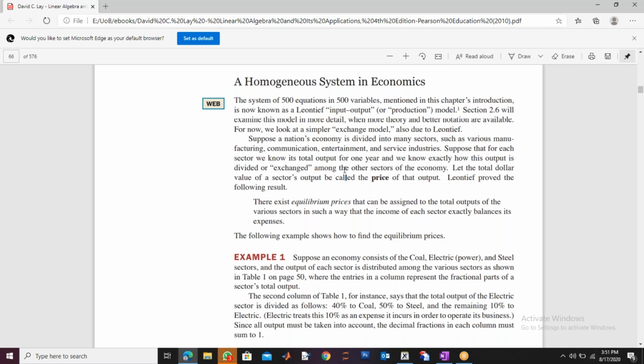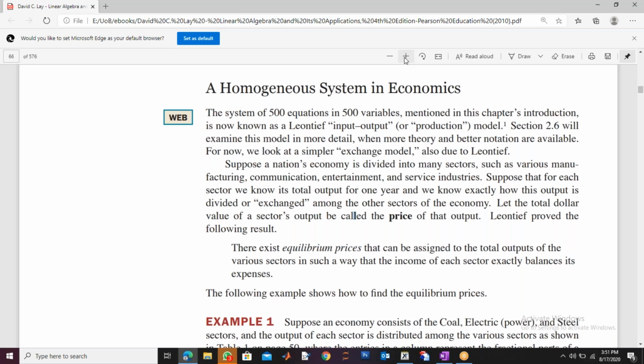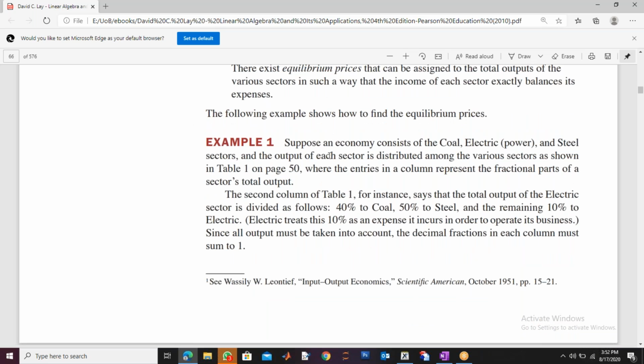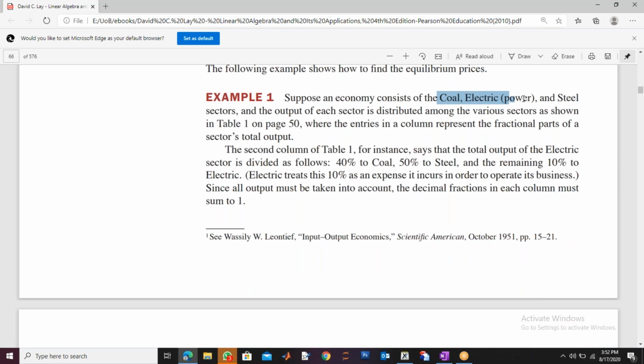This is the application of linear systems from economics, where we can use this linear system. Suppose an economy consists of the coal, electric, and steel sectors. Many countries have different things. For example, Oman has a big economy depending on oil.